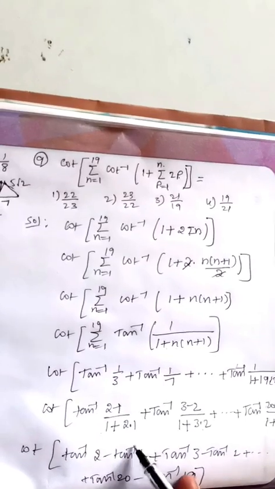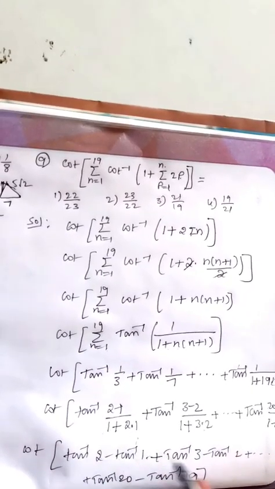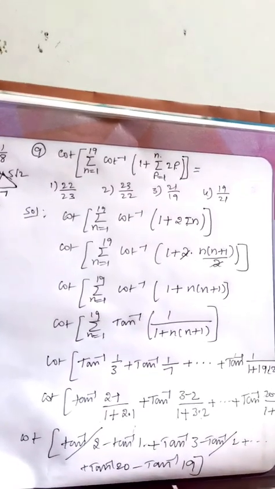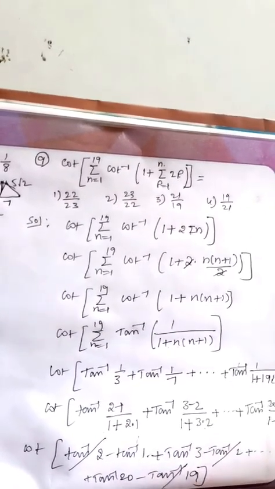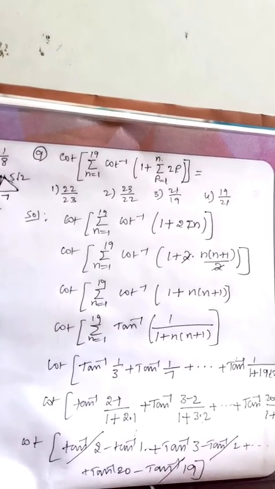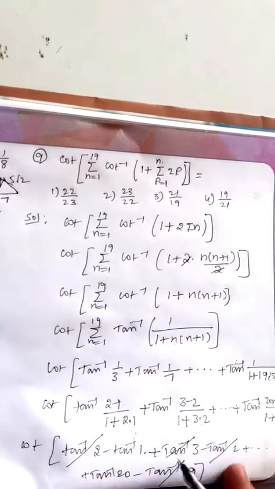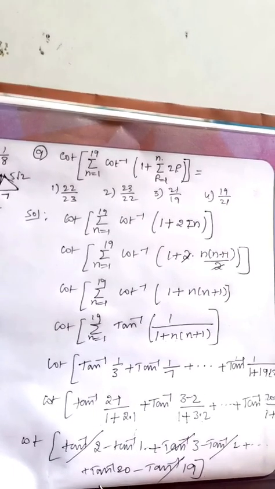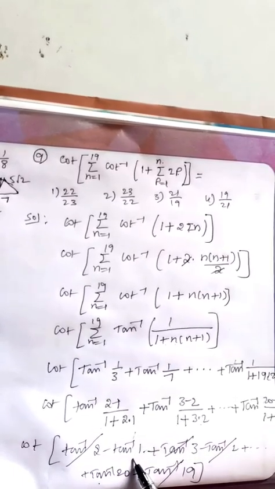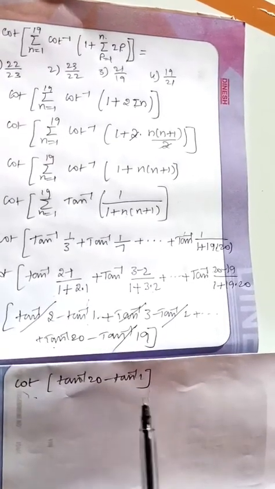Here minus tan inverse 2 cancelled with the plus tan inverse 2, and the remaining terms will be cancelled, and minus tan inverse 19 also cancelled. So the leftover thing is tan inverse 20 minus tan inverse 1. Okay, cot of tan inverse 20 minus tan inverse 1.